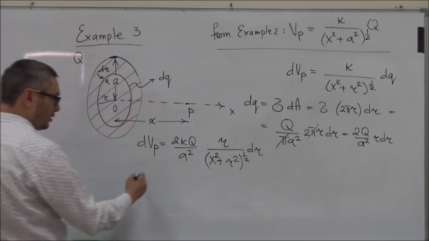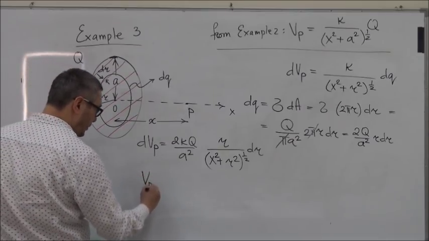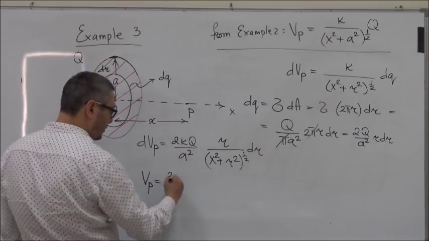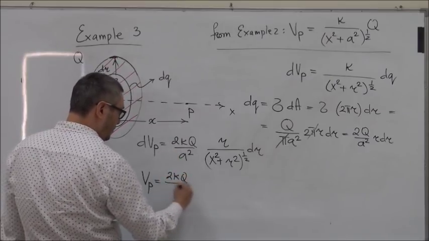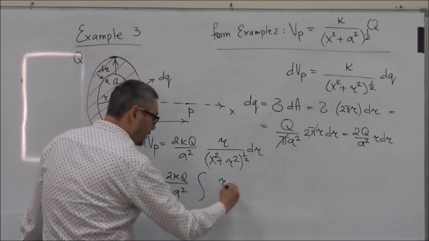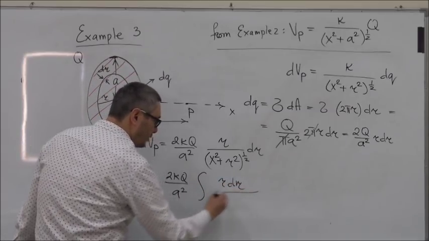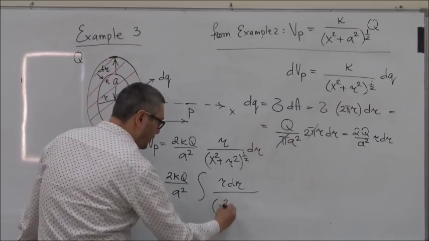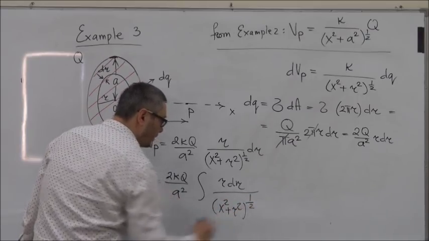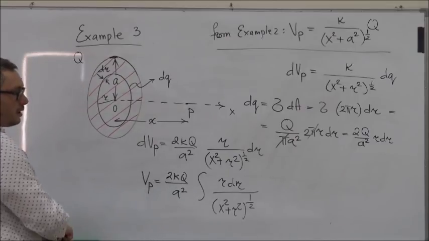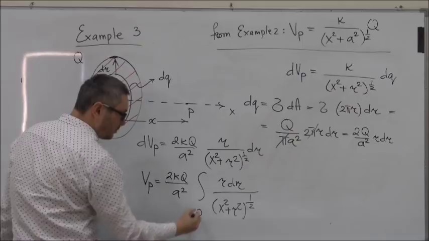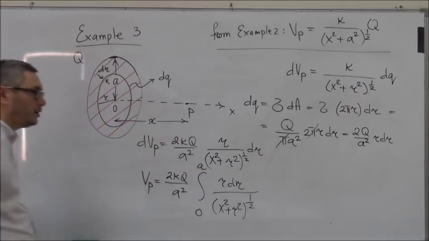So the electric potential Vp is then equal to the integral of this, r dr over x squared plus r squared to the power 1 over 2. And the limits of integration are from 0 to a.